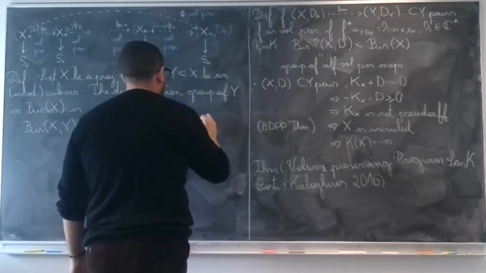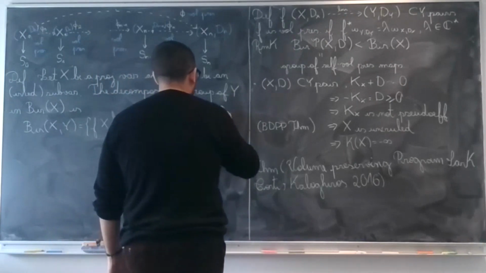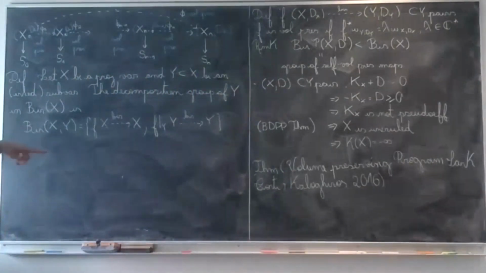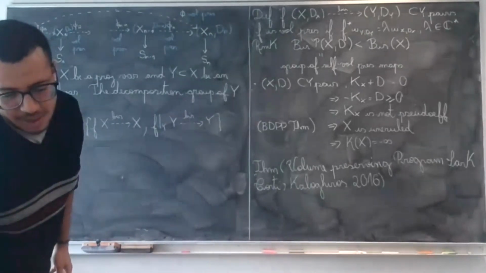So this is simply saying that these are the subgroup of the group of birational automorphisms of X of the maps which will stabilize this variety.